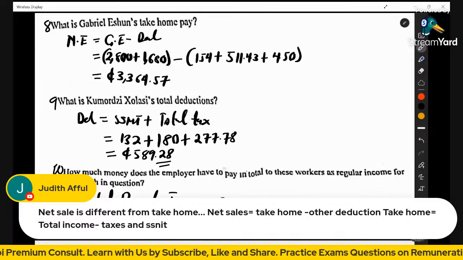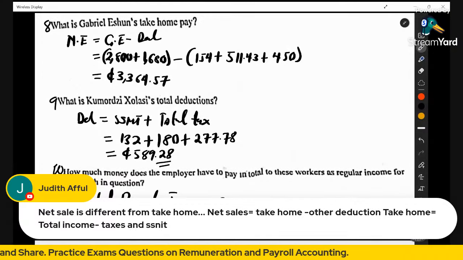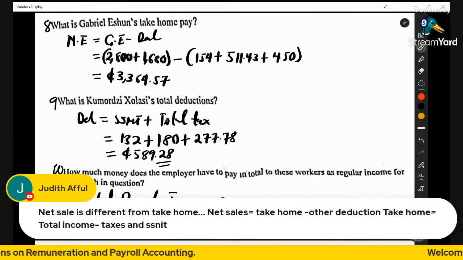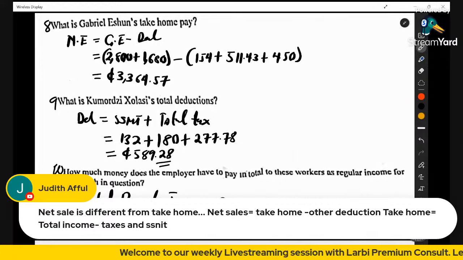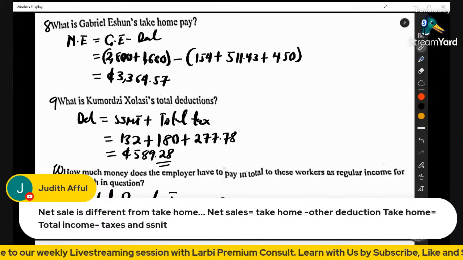Okay, Judith Aful is saying that net sale is different from take home. Net sale is equal to take home minus other deduction, and take home is equal to total income. We use net sale when we are into what? Selling, right? When we are into trading, selling of goods or even a service. That's where we use the word net sale.